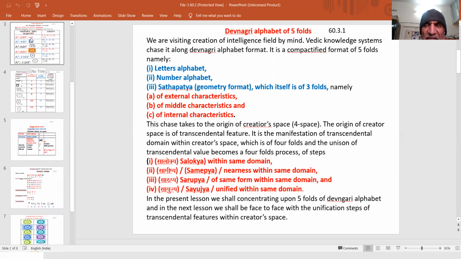The 3 folds of Sathapatya are the 3rd, 4th, and 5th folds of Devnagari alphabet.